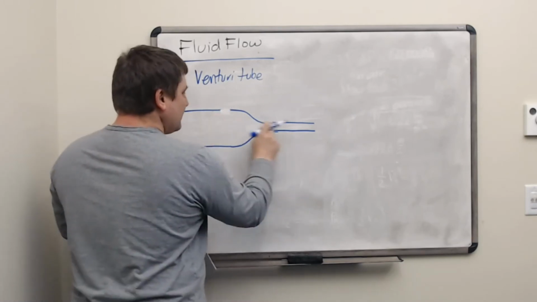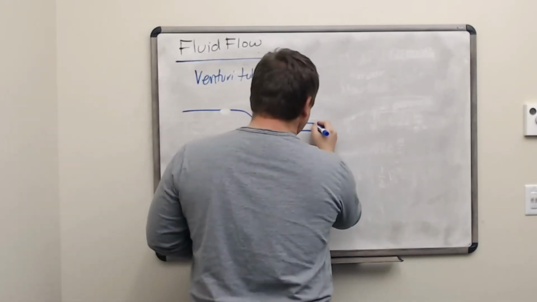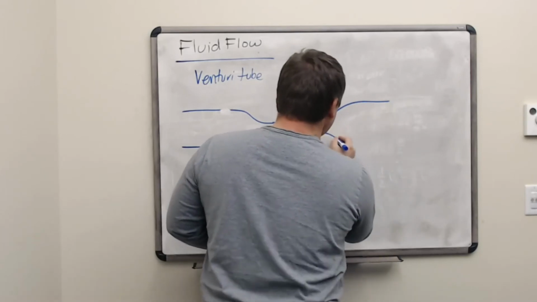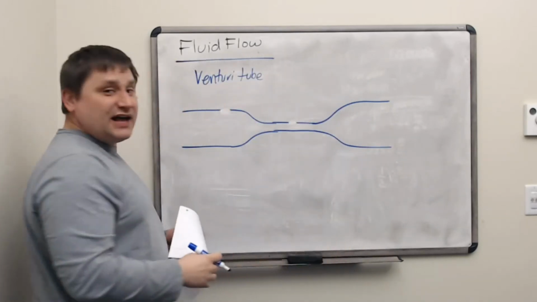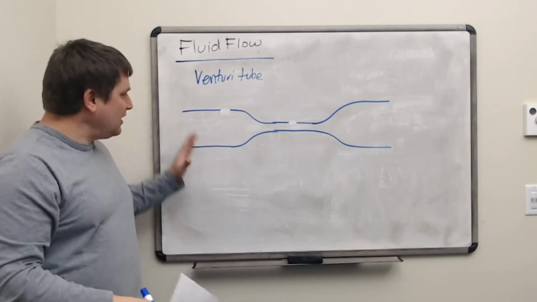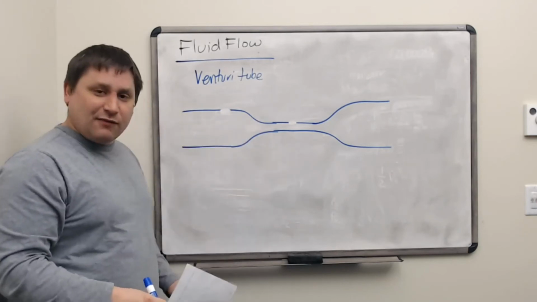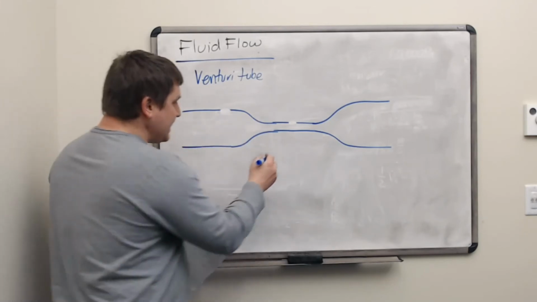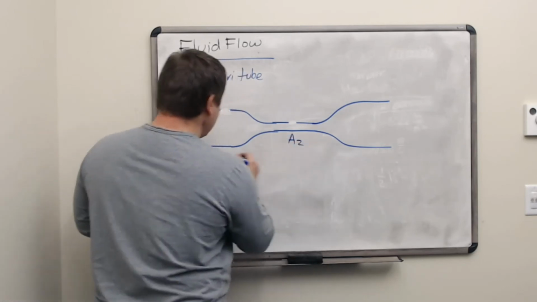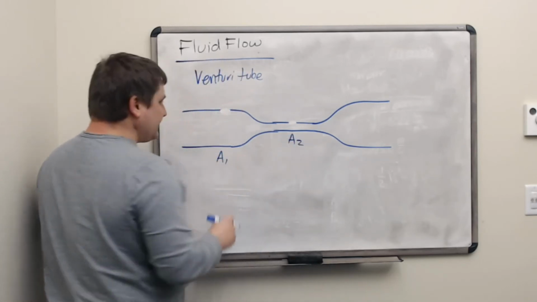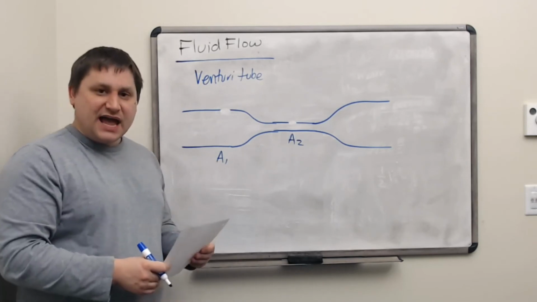So the way the Venturi tube works is we place a constriction in the pipe, a smooth constriction down to some smaller area, A2, which is less than the normal area of the pipe, A1.